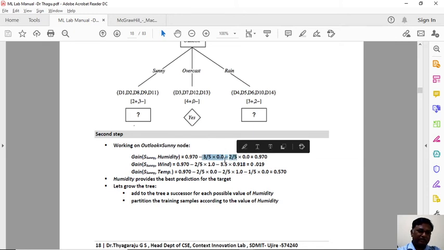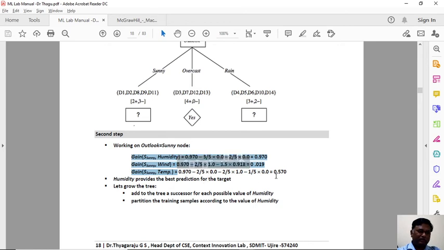Humidity 3 yes and 2 no. In the same manner wind. Under outlook equal to sunny, then wind equal to, you see under the wind classes we have 2 and 3. So the final entropy, all values are directly given. From this we have calculated the gain value.